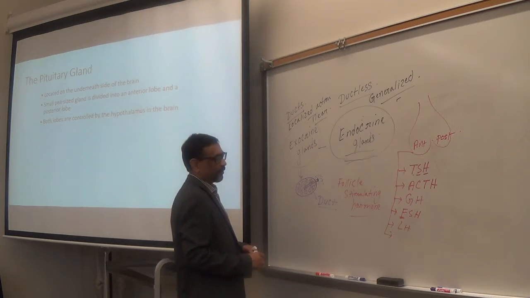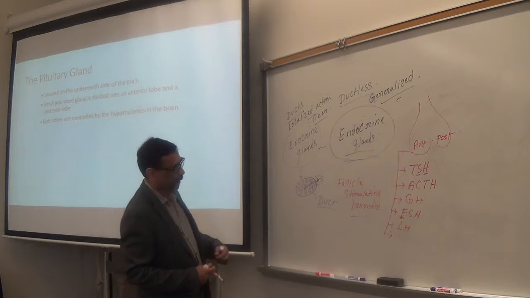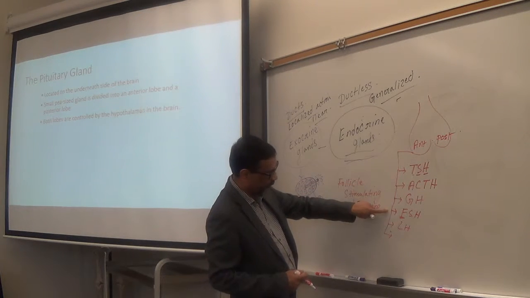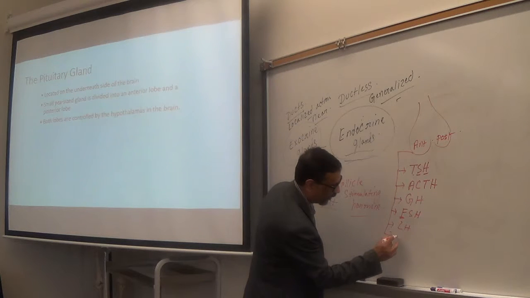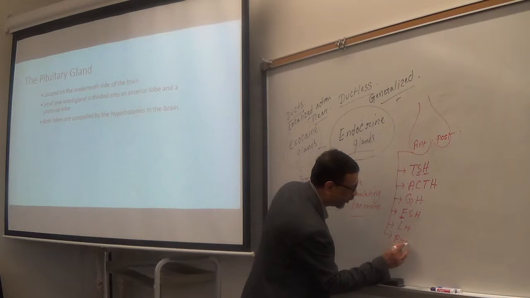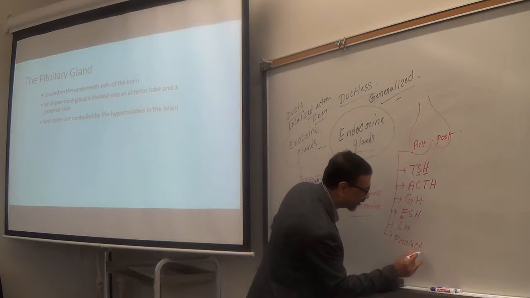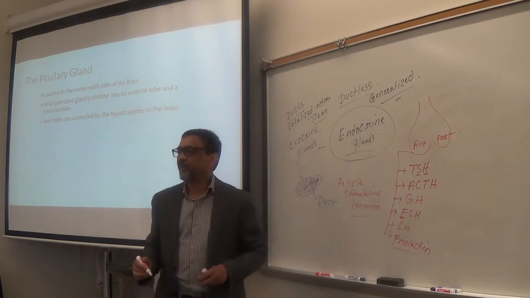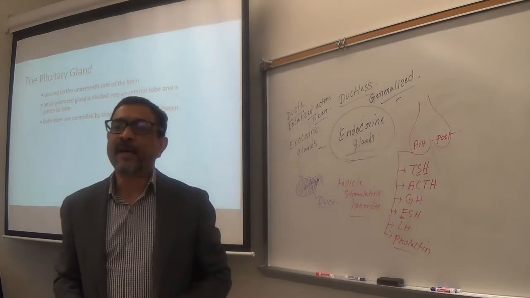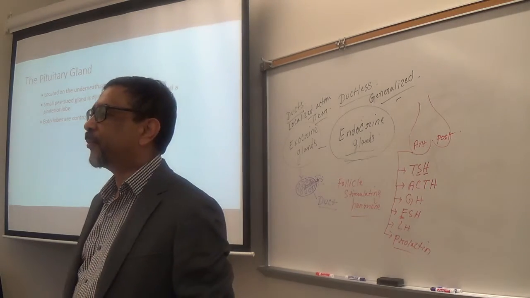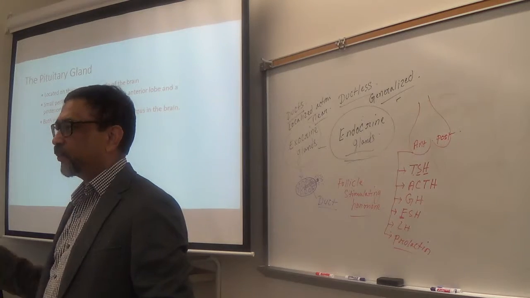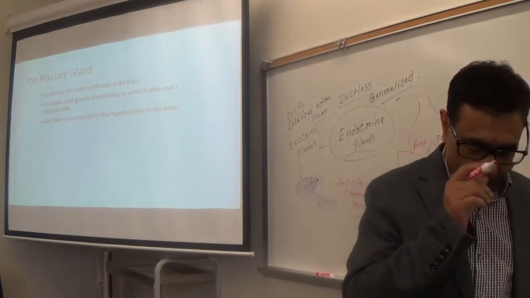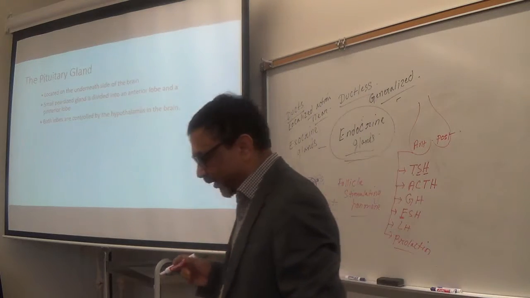Then we have thyroid stimulating hormone, adrenocorticotropic hormone, growth hormone, follicle stimulating hormone, luteinizing hormone. Another is called prolactin. Prolactin works on the mammary gland, or female breast, and helps to produce milk.